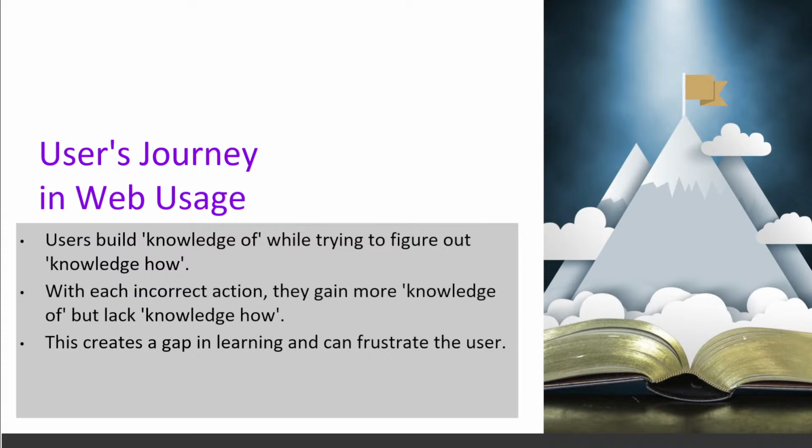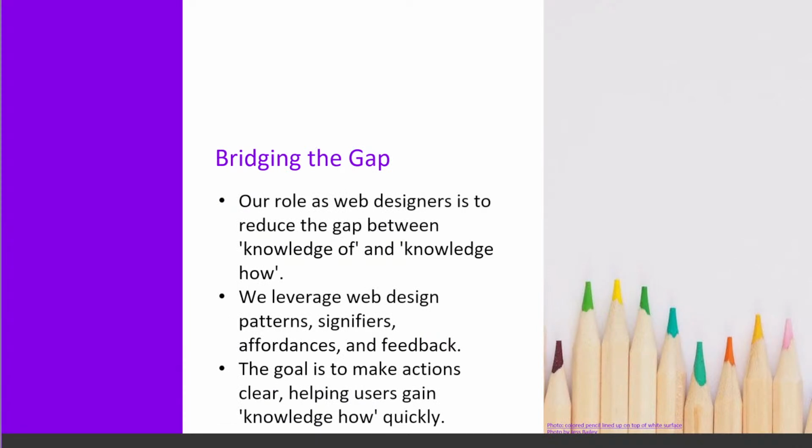Because if there are clear instructions in how to do something, it's not direct training, it's indirect training. So there's less trial and error and more training on how to do a task to meet a goal. And really that's what we're doing when we're bridging the gap, as we are reducing that gap.